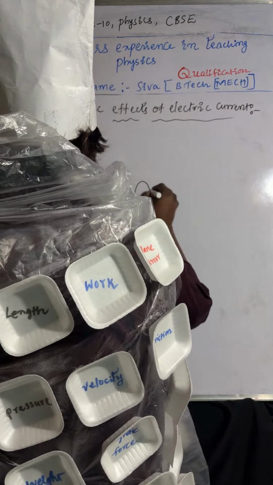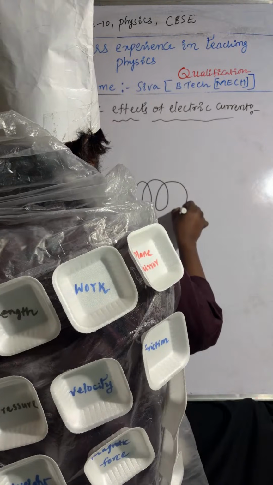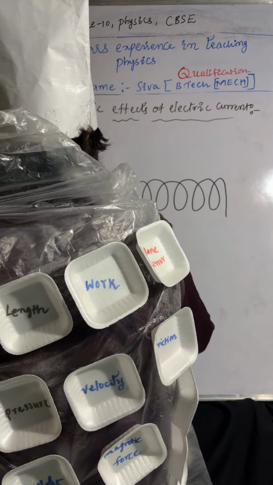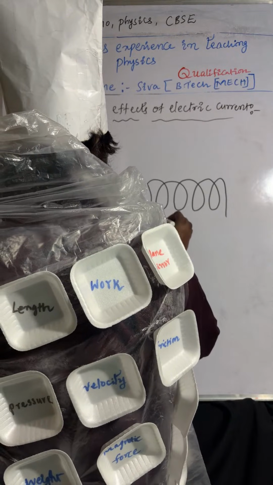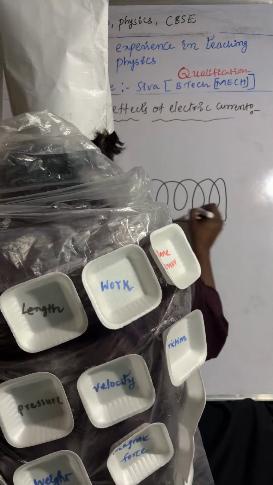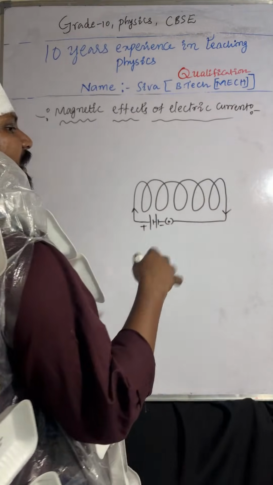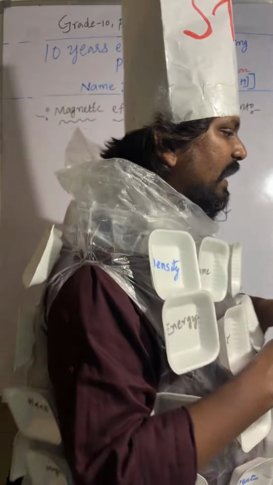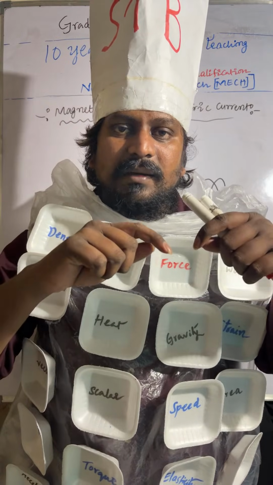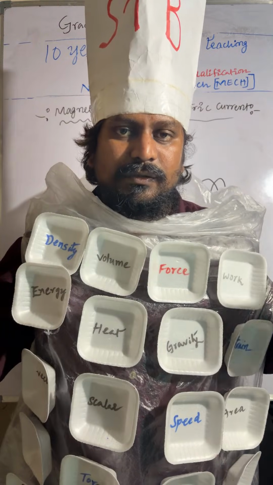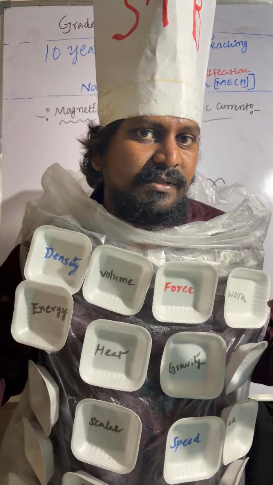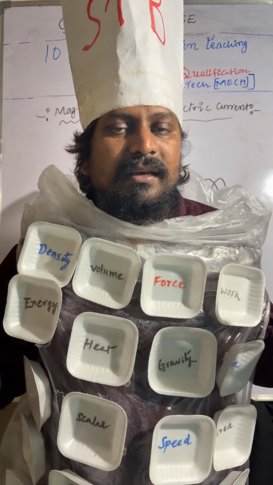I am taking here turns numbered 1 to 9. Normally we take a straight insulated copper wire, and then we bent it in the form of a cylindrical shape, and then we connected that solenoid to the circuit.